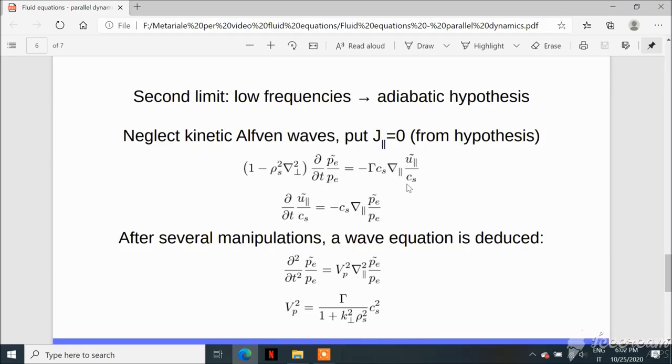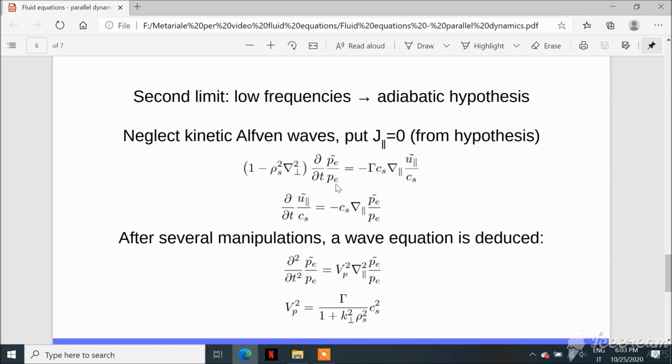So as you see here, we are no longer neglecting the parallel velocity, and our main variable will be the perturbed electron pressure. And again, we have to apply some manipulations.